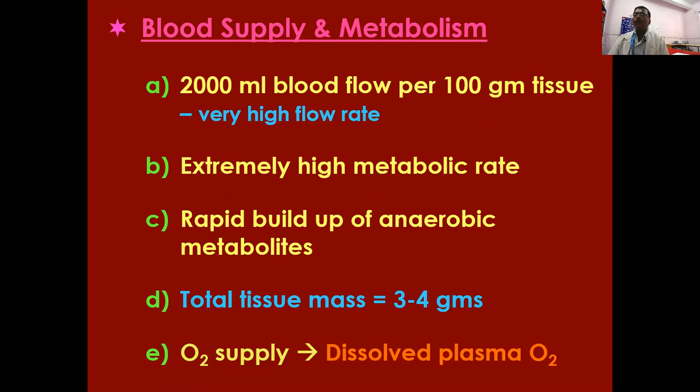Blood supply and metabolism: 2000 ml of blood flows per 100 gram of tissue. A very high flow rate, extremely high metabolic rate, and rapid buildup of anaerobic metabolites. Total tissue mass is 3 to 4 grams, and oxygen is supplied by the dissolved plasma oxygen.